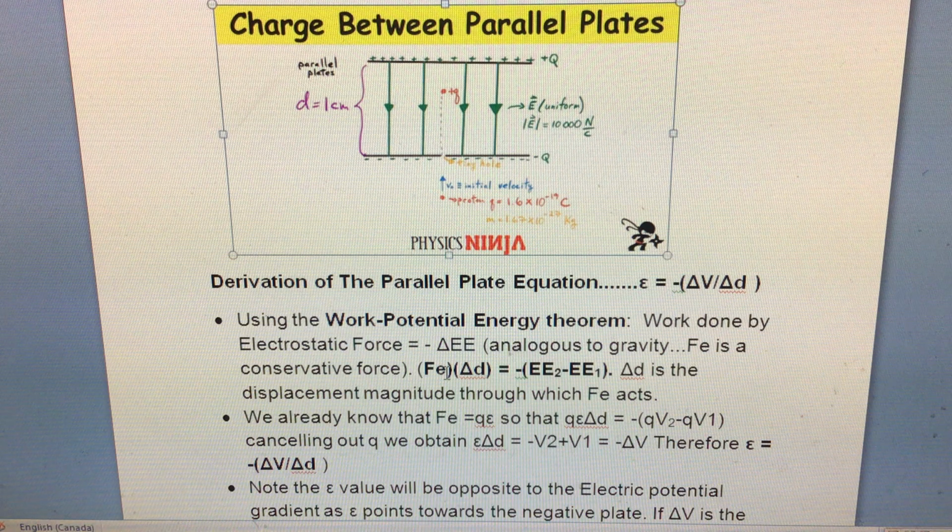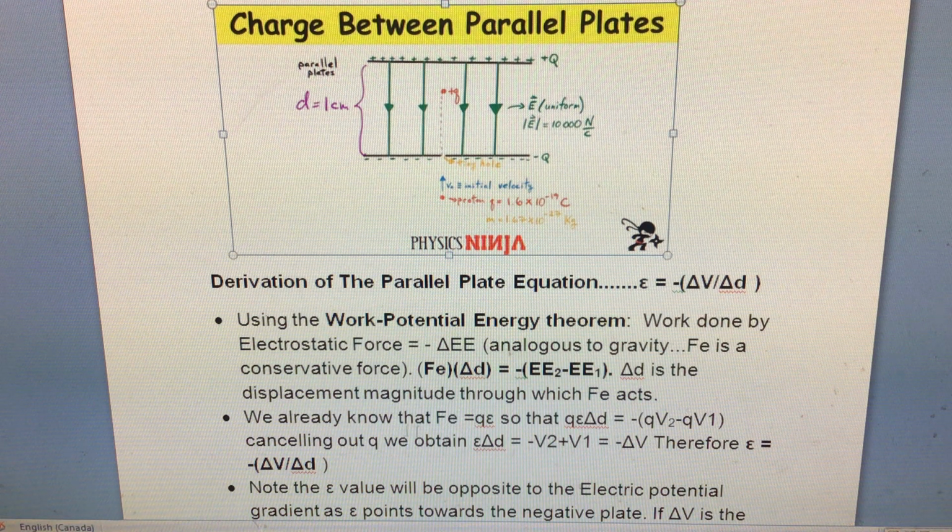So what we're saying is the work done by the electrostatic force is the force Fe times delta D. The angle is actually, in this case, cos 180, but we won't worry about that now because we're just using the formula. And that is equal to negative the change in the electric potential energy, so it's negative (EE2 minus EE1).